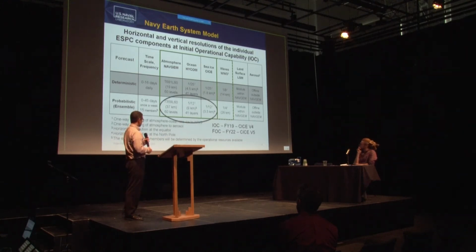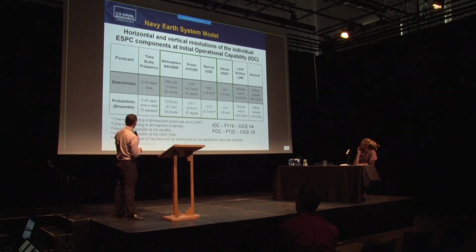Our SICE code is version 4. Then our final operating capability is planned for fiscal year 22, and we'll have upgraded then to SICE code version 5, or by then maybe 6, we'll see.